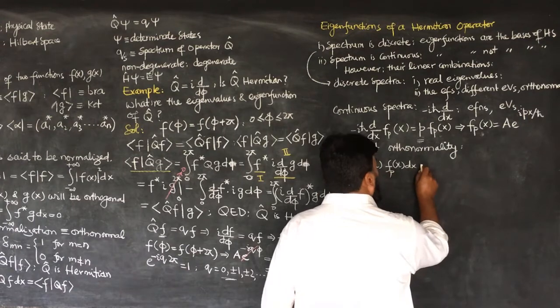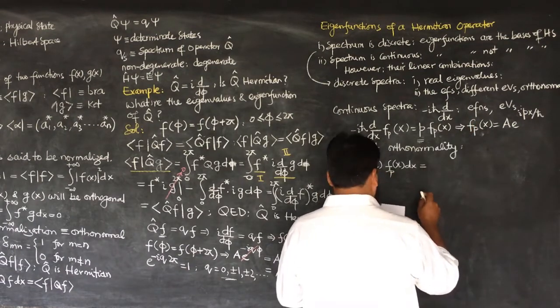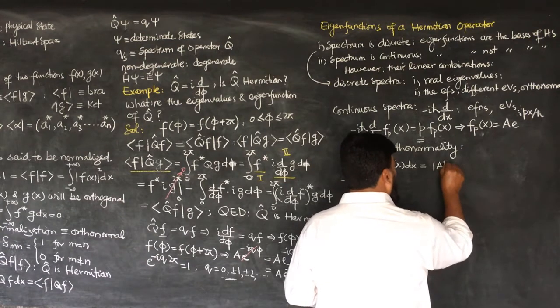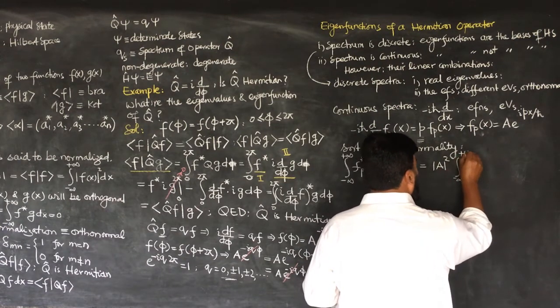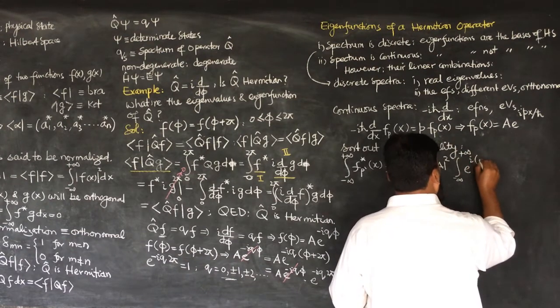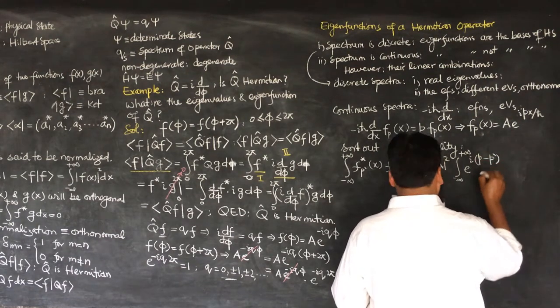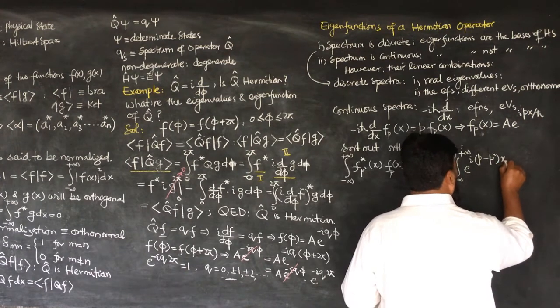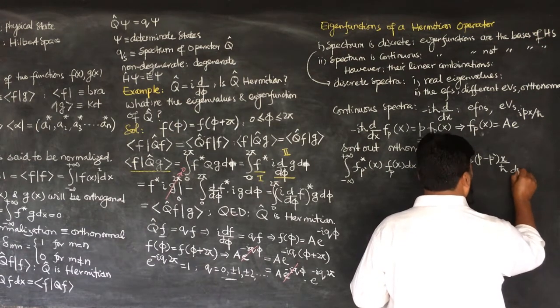So I can now put the eigenfunction here. It will be a mod square, an integral from minus infinity to plus infinity, of e^(i(p - p')x/ħ) dx.